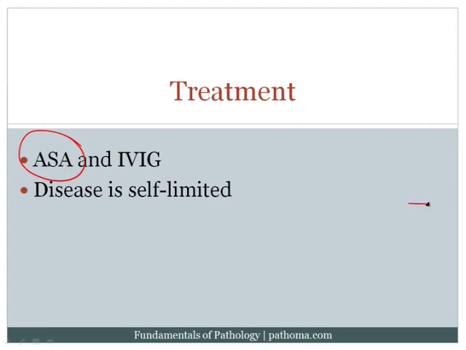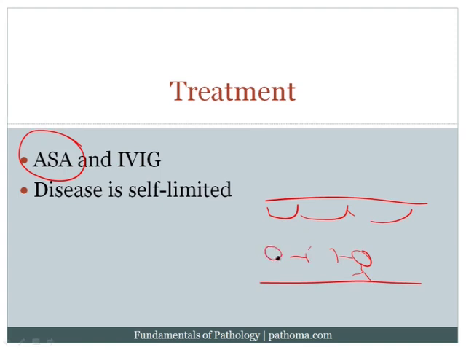Now, how does the aspirin help? Well, when you give aspirin, remember that if this is the vessel and you've damaged the endothelium and if you've exposed subendothelial collagen, then what's going to happen is that the platelets are going to adhere to this area, and eventually they're going to aggregate, right? And it's the aggregation that's going to form the framework for the coagulation cascade to come in and produce that final thrombus.